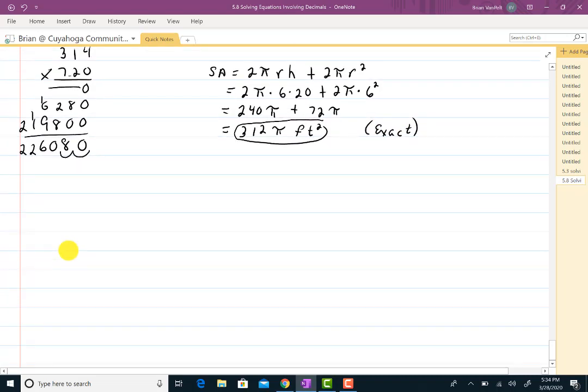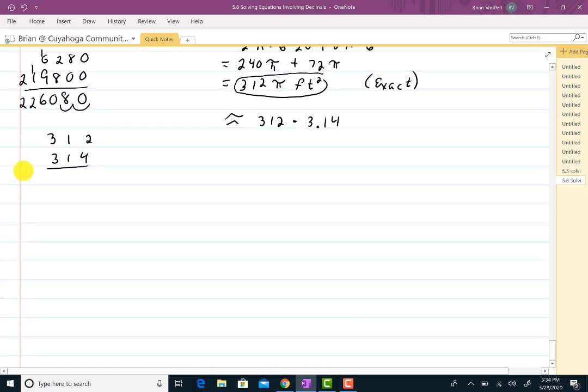To get the approximation, I need to do 312 times 3.14. So this way I don't see any benefit to having one on top of the other. So I'll put 312, 314, and remember to move the decimal 2 places to the left.